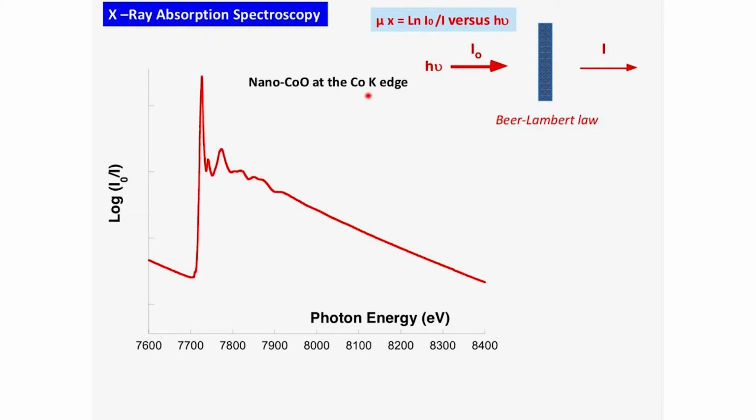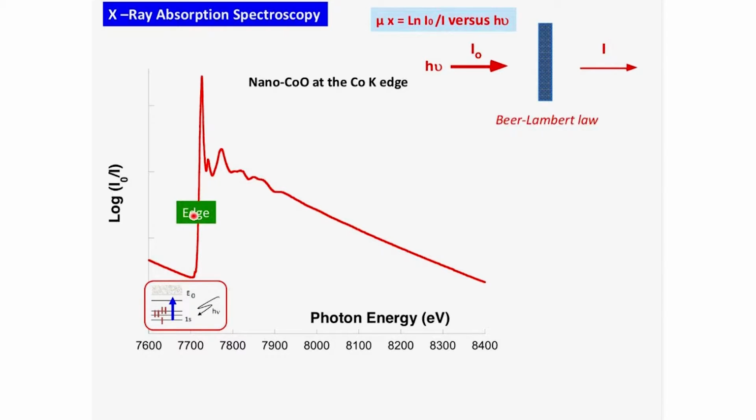Here you have a typical X-ray absorption spectrum recorded for nanoparticles of cobalt oxide, and this has been recorded at the cobalt K edge. You can see in this plot several regions of interest. When the energy of photons here is equal to the binding energy of the 1s electron of the cobalt, you have this abrupt increase of the absorption coefficient, which is called the edge.